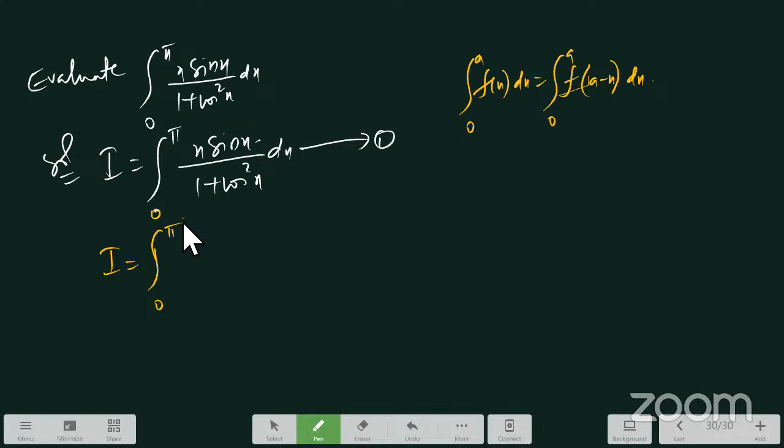I is equal to the integral from 0 to pi of pi minus x, sine of pi minus x, by 1 plus cos of pi minus x whole square dx.